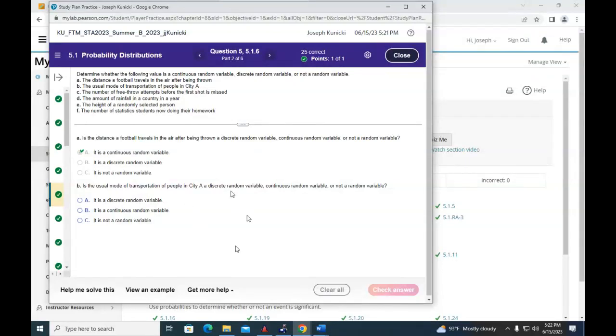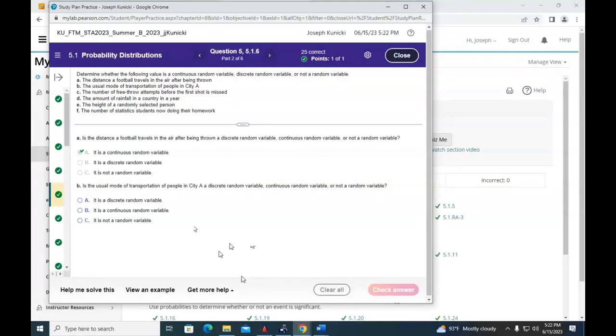Okay, is the usual mode of transportation for people in city A? If you ask somebody their usual mode of transportation, is it continuous, discrete, or neither? If somebody answers bus, taxi, car, walking, those aren't numerical.